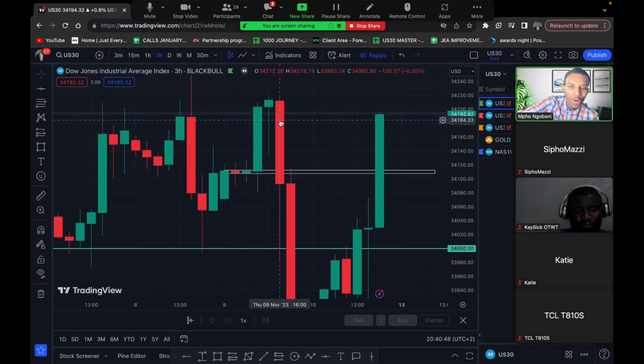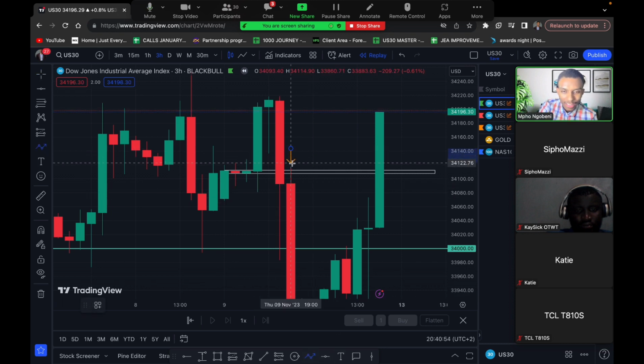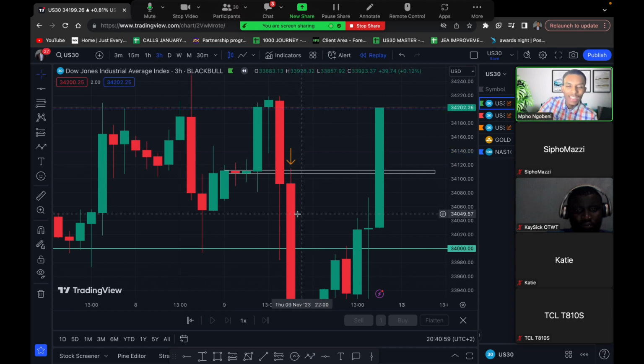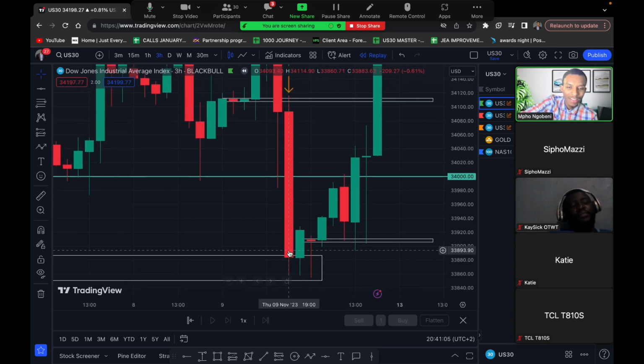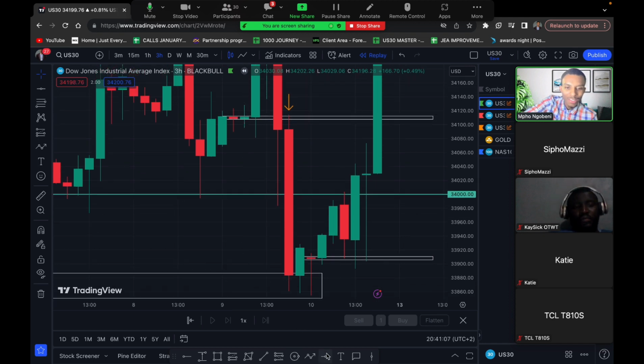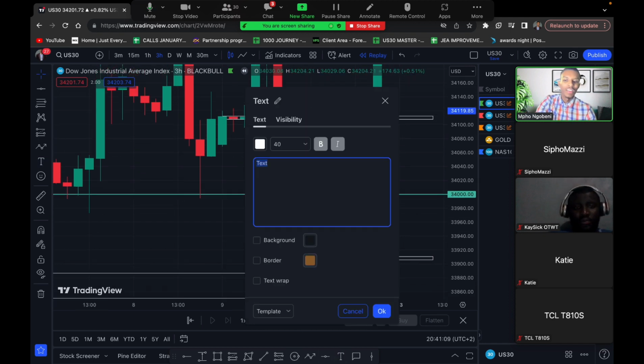Then we saw a break right there, and immediately it came for a retest. It was late at night, around 10, but it came again right there for a retest and gave us a strong sell. So again, that's called a 3-hour zone.